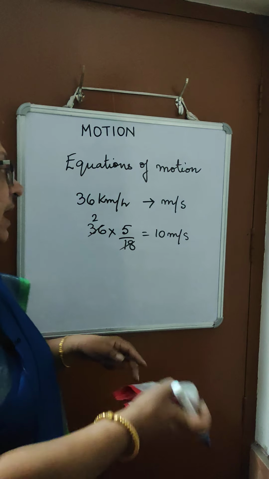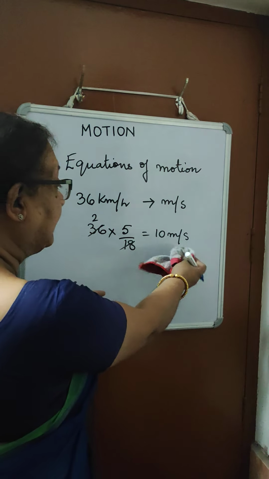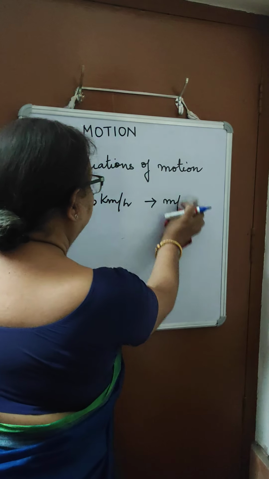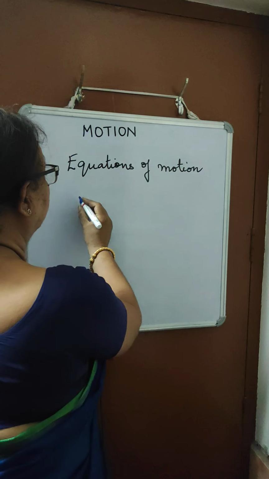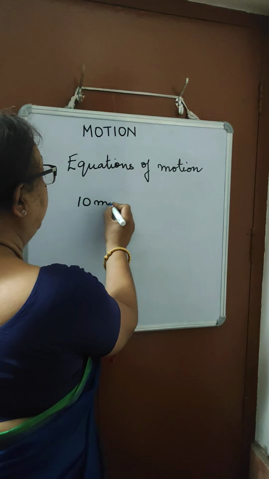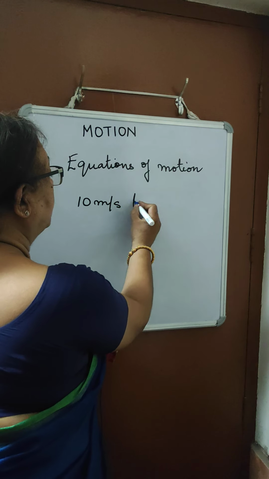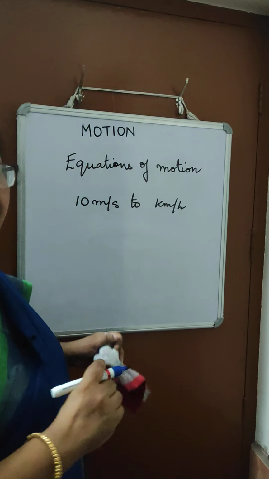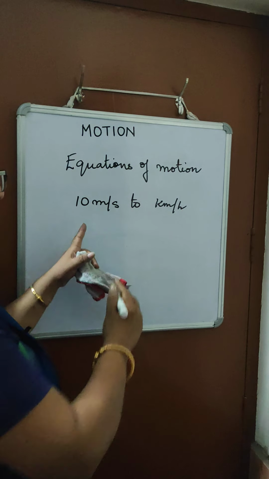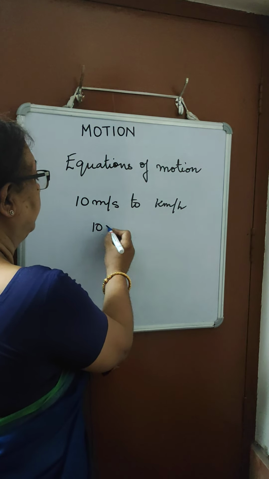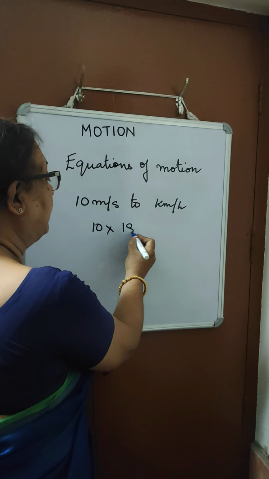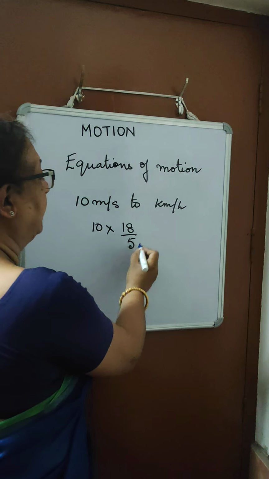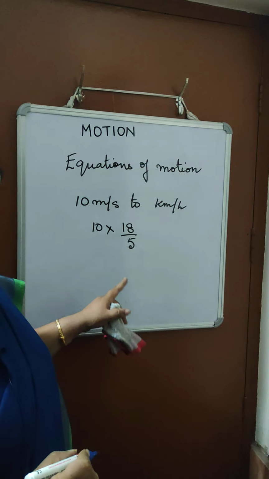Okay, and just the other way, suppose we take the same example. Suppose you want to convert 10 meter per second to kilometer per hour. What will we do? Here we will multiply the same numbers but just the opposite way. We multiply by 18 by 5.